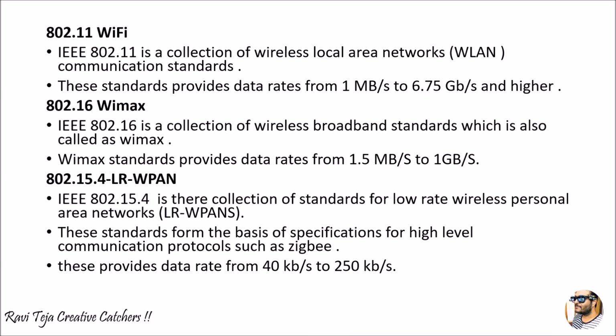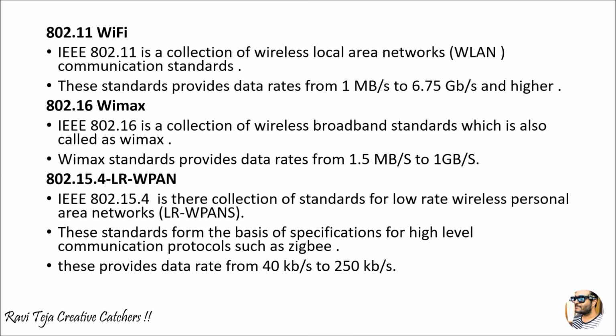And the last one is 802.15.4 LR-WPAN, a low rate wireless personal area network. Generally a wireless communication module is used for IoT devices, like Zigbee, LoRa, RF and all those things. For those, the 802.15.4 low rate wireless personal area network protocols are used.